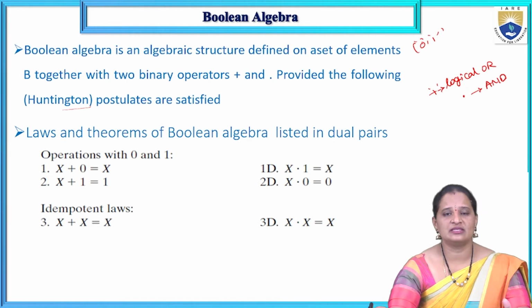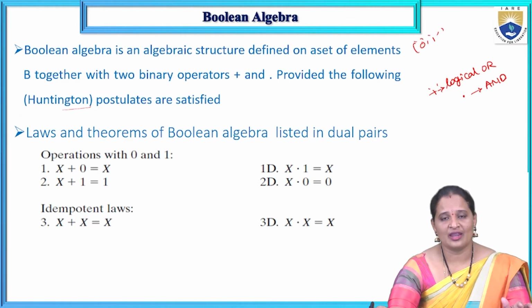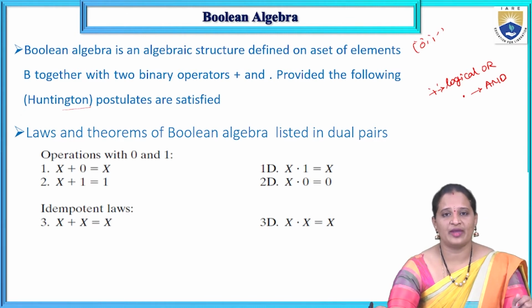Now let us discuss the basic laws and theorems of Boolean algebra, and let us try to prove them. As you all know, Boolean algebra deals with Boolean variables which accept only binary values 0 and 1.